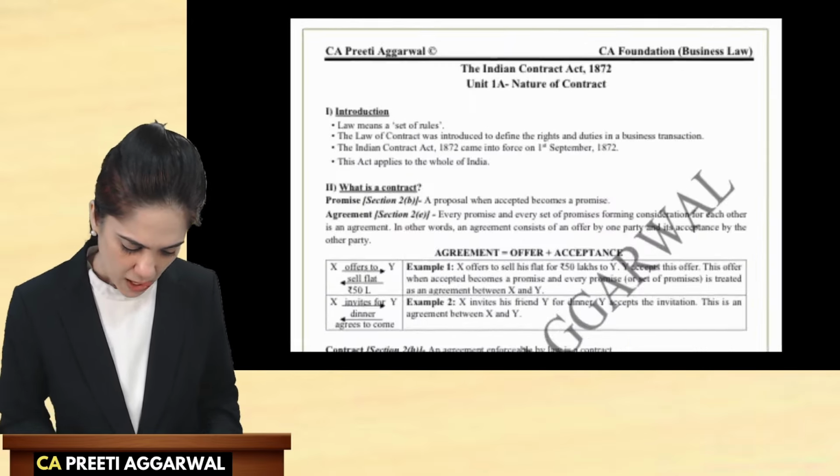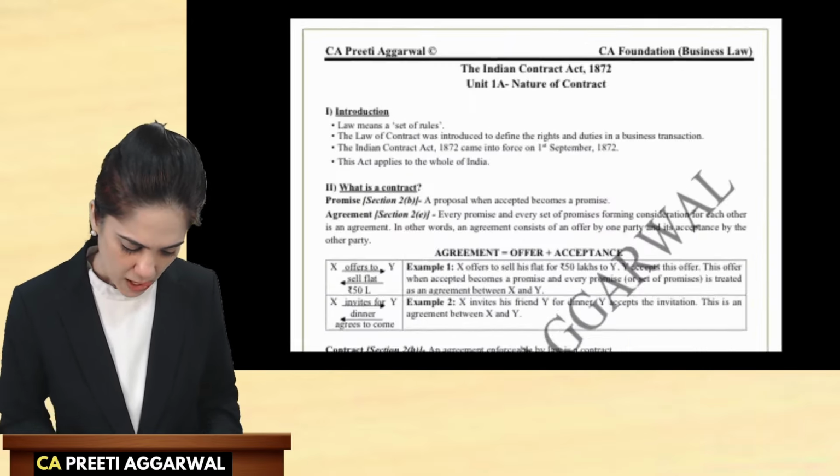These are my notes, so please highlight all this in your textbook.